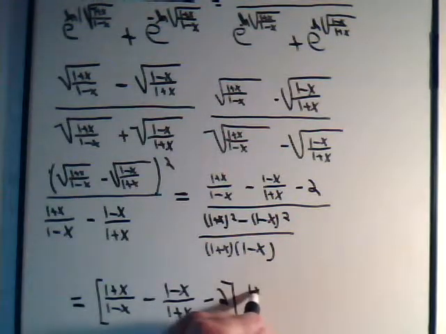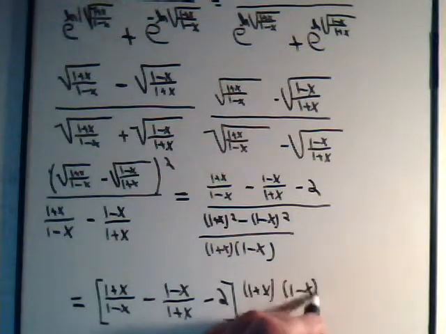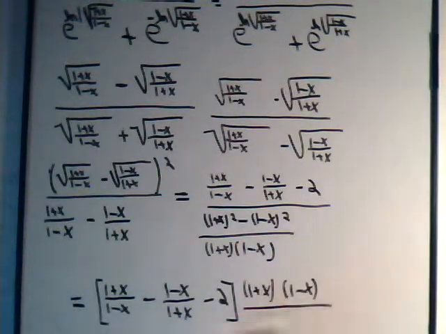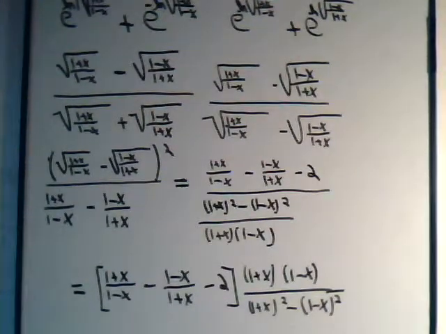Here we have 1 plus x times 1 minus x divided by 1 plus x squared minus 1 minus x squared. And it looks like we're not going to have time to simplify that, so come back and join us. We'll continue the video here.